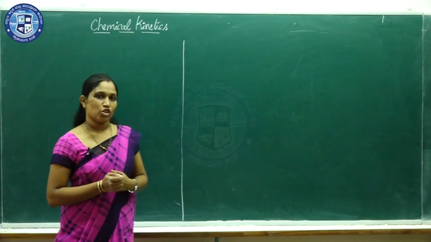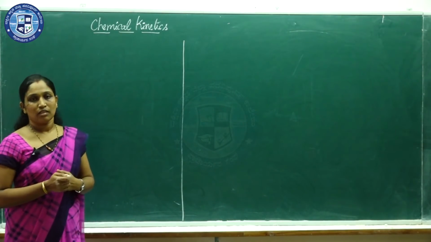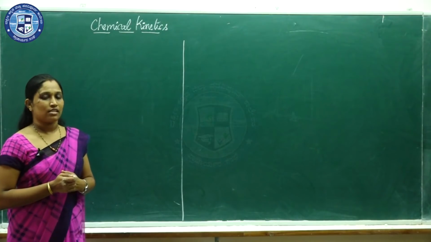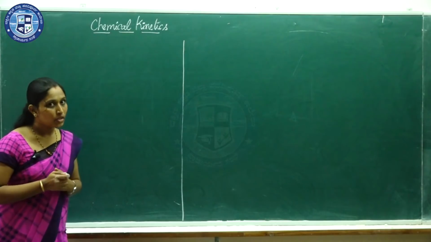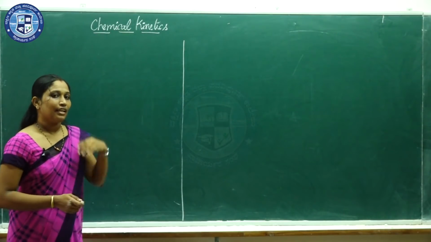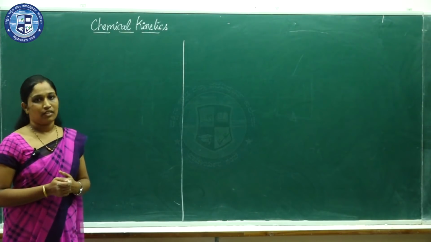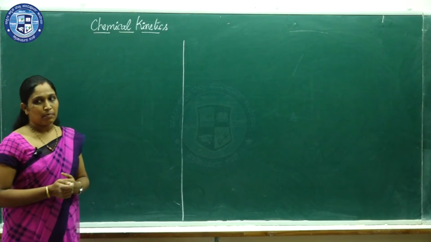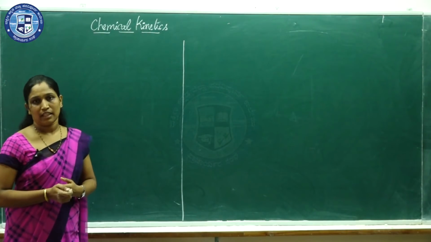So when you get a differential equation, it becomes difficult to determine the rate law as well as the order. Okay, so in order to simplify that, we will integrate the differential equation so that it is compatible with the experimental data.